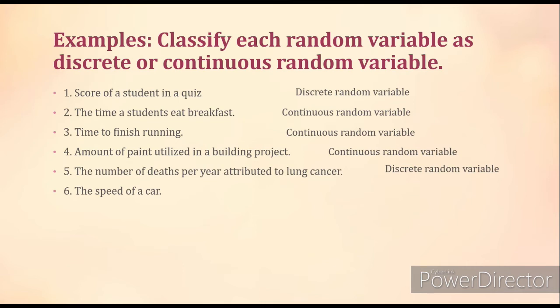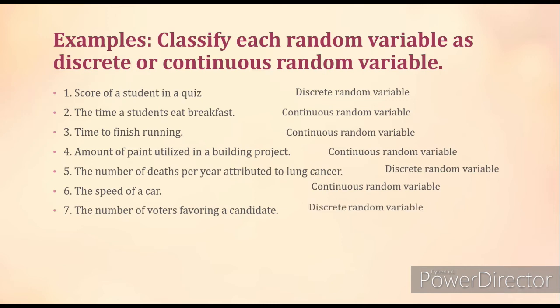The speed of a car. If your answer is continuous random variable, yes, you are correct. 7. The number of voters favoring a candidate. If your answer is discrete random variable, yes, you are correct.